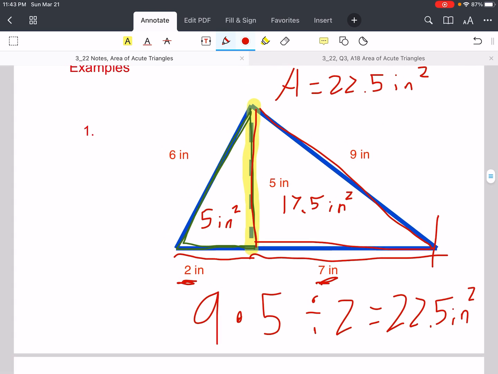So same answer. First one, we split it into two right triangles, found each area and added them up. The other one, we figured out what the sum of the bases were, and we did base times height divided by 2. So even when it's not a right triangle, we can still use the area formula.